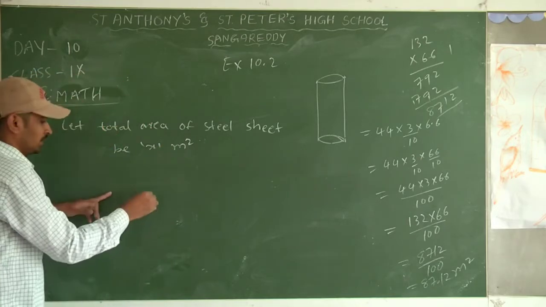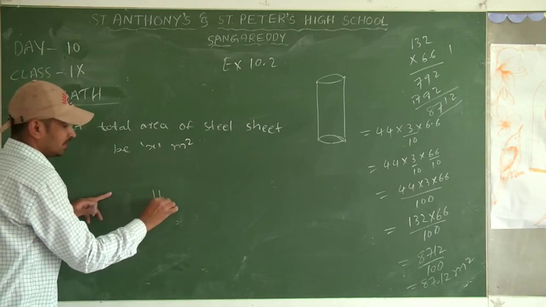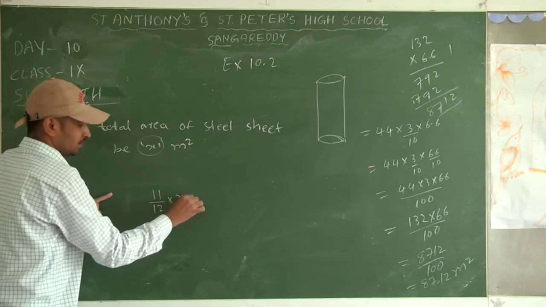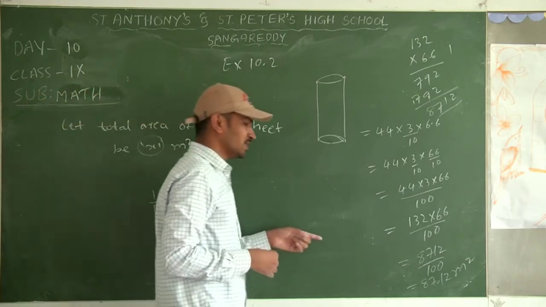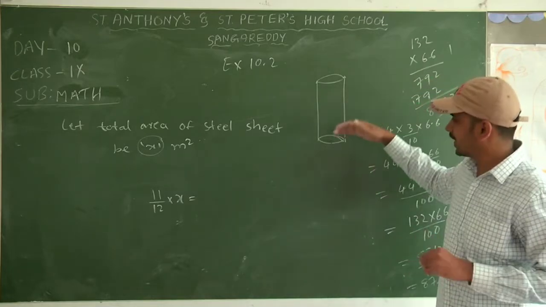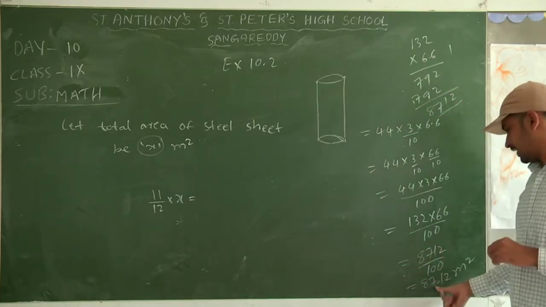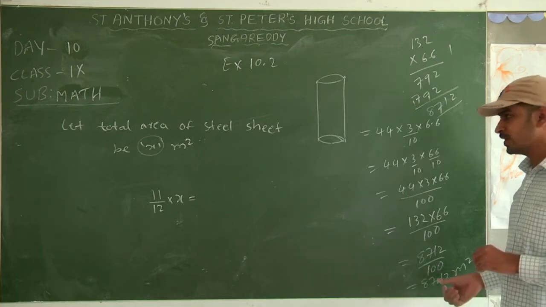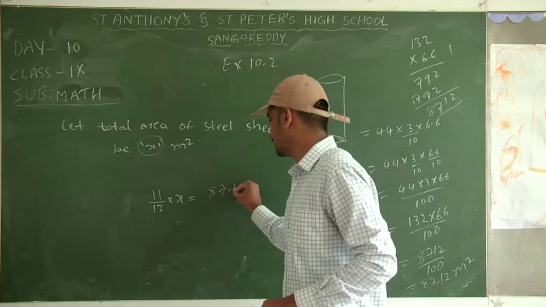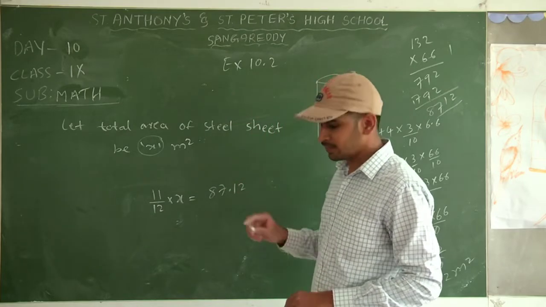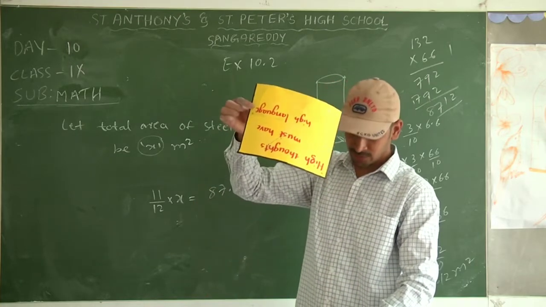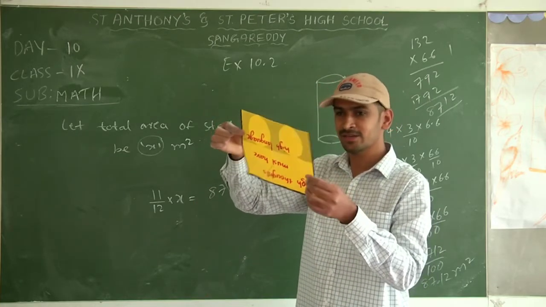So 11 by 12 into total x equals what we use, which becomes the cylinder, curved surface and top and bottom. The area is 87.12 meters square. We need the area of this total sheet, including wastage and cylinder.